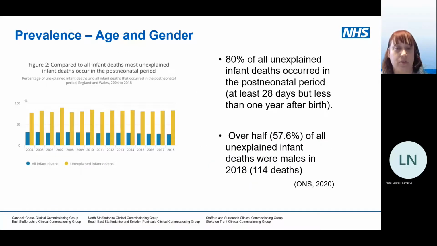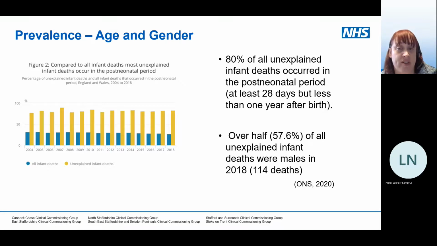This also looks at the prevalence of all infant deaths versus unexplained infant deaths, and the most common period for the deaths to happen. 80% of all unexplained infant deaths occur in the post-neonatal period. The neonatal period is birth to 28 days old. The post-neonatal period is after 28 days old, but less than 1 year old.